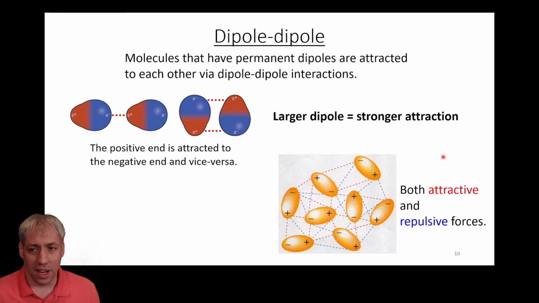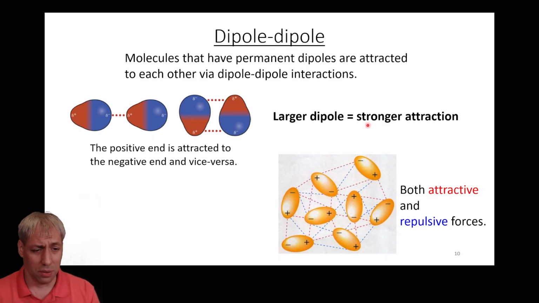And so you basically have, especially in solution, all these molecules floating around. One half of the molecule is positive, one half of the molecule is negative. And basically you have this mix and match of alignments where positives try to be near negatives, positives try to repel each other, and it's just dynamically happening all the time. Those molecules are moving, but the overall goal is to minimize those positive-positive and negative-negative interactions and maximize positive-negative.